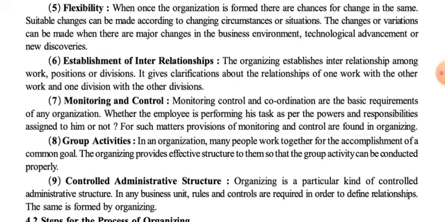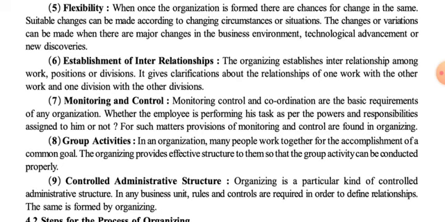So the changes or variations can be made when there are major changes in the business environment. If the external factors affecting the business are changing, then the organization has to make some necessary changes regarding it. Technological advancement: it means if new technology is taking the place of the old technology, then also we have to make necessary changes in the organization structure.